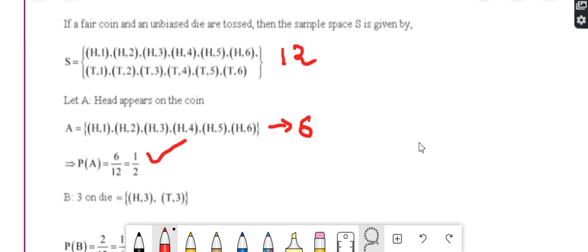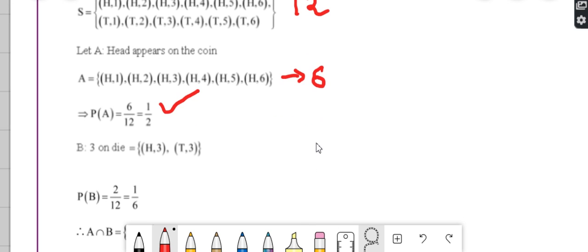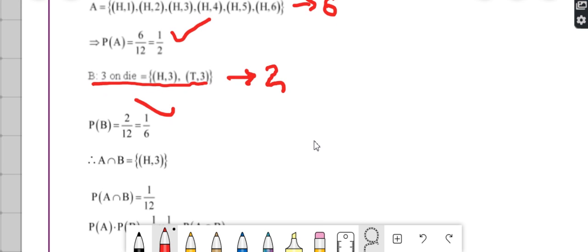Now B. 3 appears on a die, and only 2 cases of 3 will appear, that is H3 and T3. So I have here 2 favorable outcomes. Then P of B will be 1 upon 6. Alright. Now what is P of A intersection B?